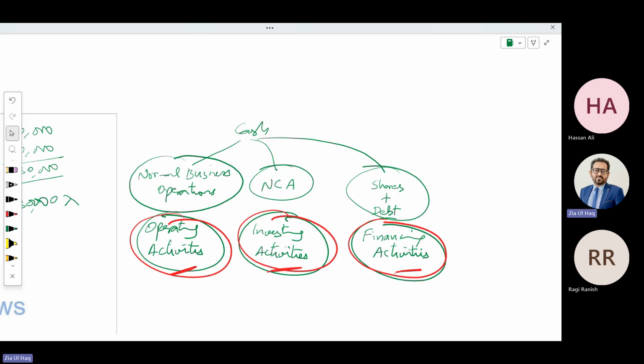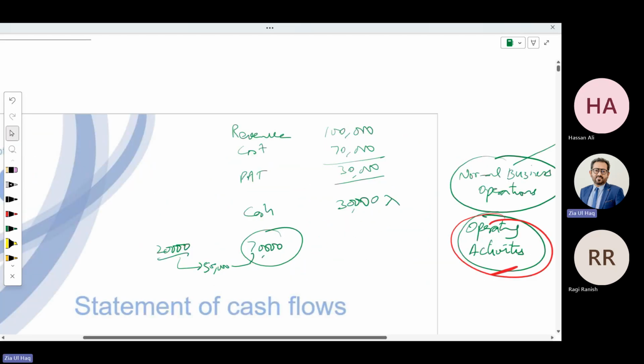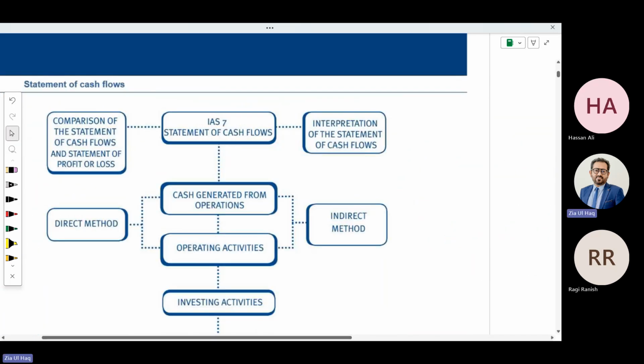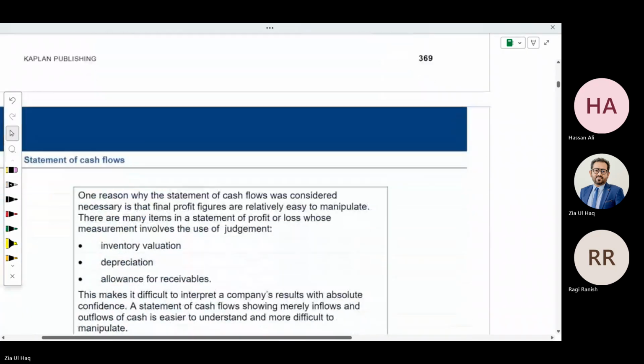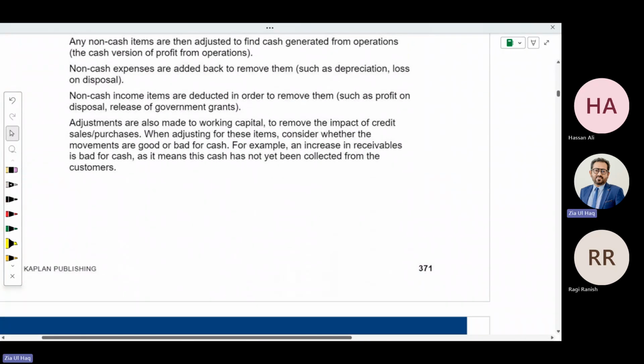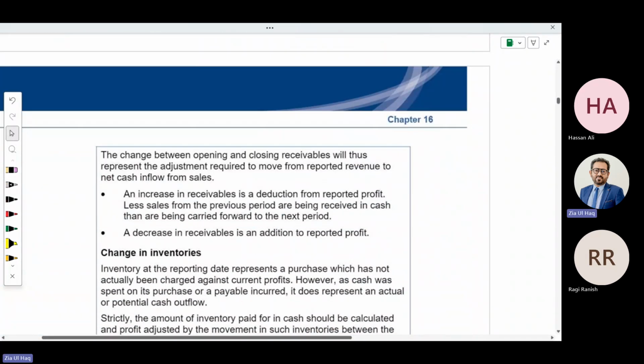We need to calculate cash flow from operating activities, either positive or negative, cash flow from investing activities, and cash flow from financing activities. So how to prepare cash flow statement? There is a format that we need to learn.